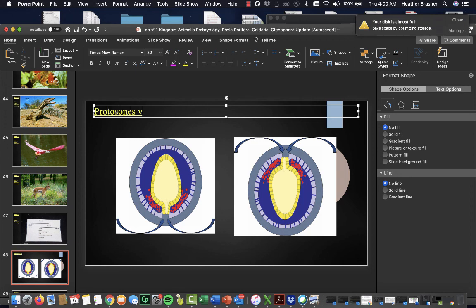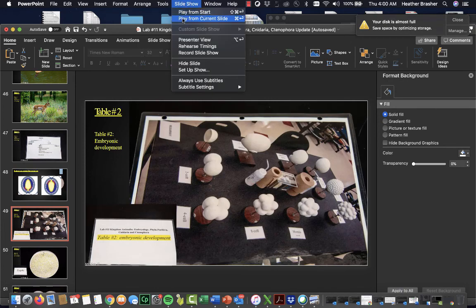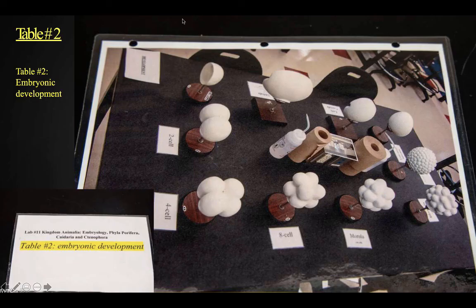Protostomes versus your next one, it says embryonic development, and it is going to the table.